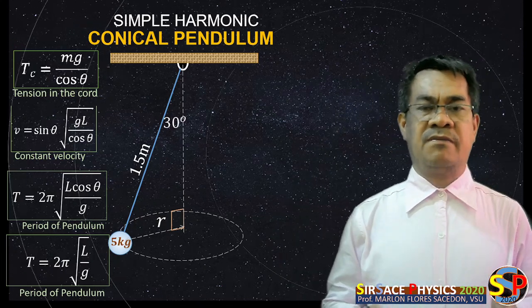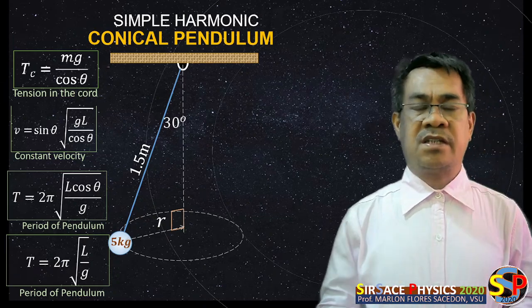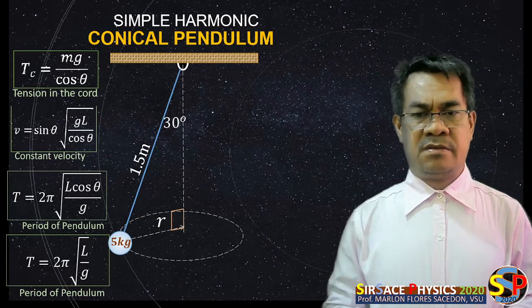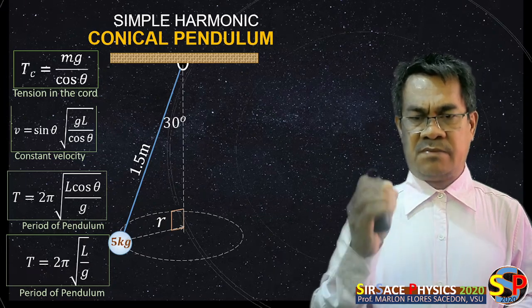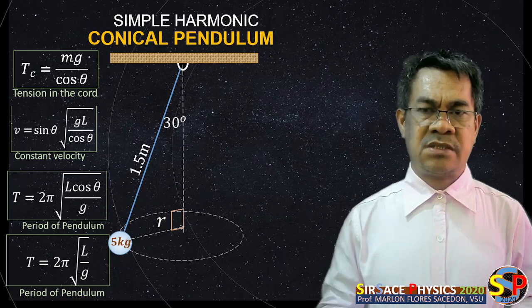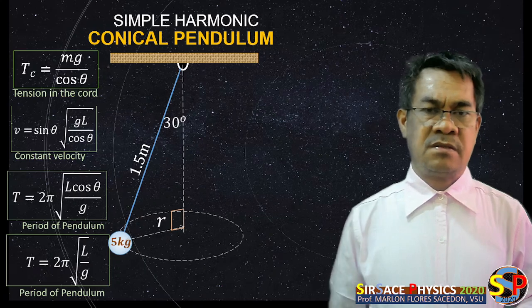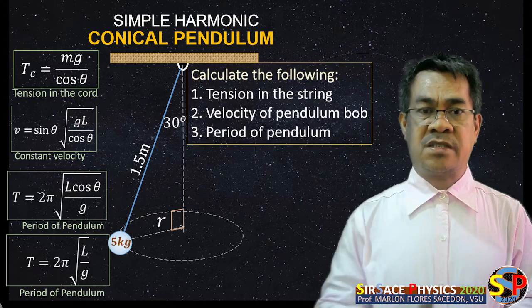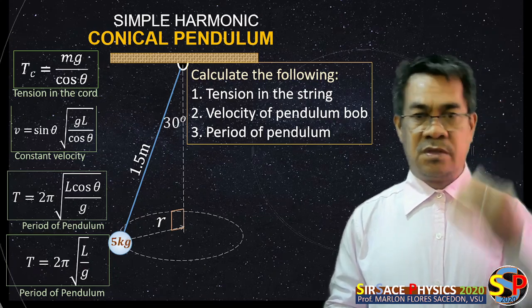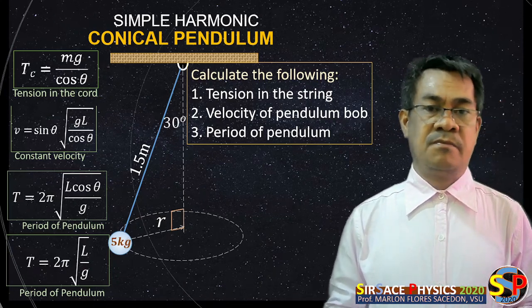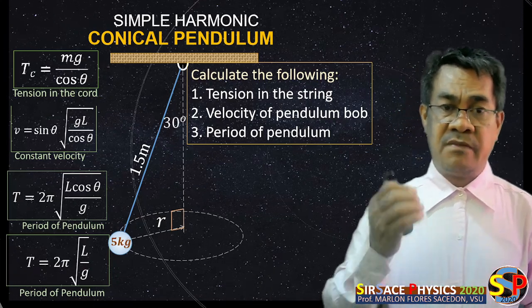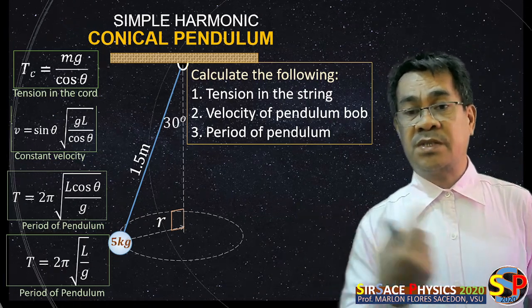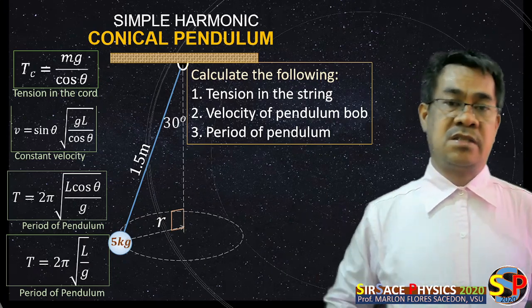Now suppose given the amplitude angle of 30 degrees, and we have the length of the pendulum as 1.5 meters, and mass is 5 kilograms. The question is, calculate the following: the tension in the string or rope or cord, meaning T. Then number 2, find the velocity of the pendulum bob, meaning the constant velocity while rotating around the circle.